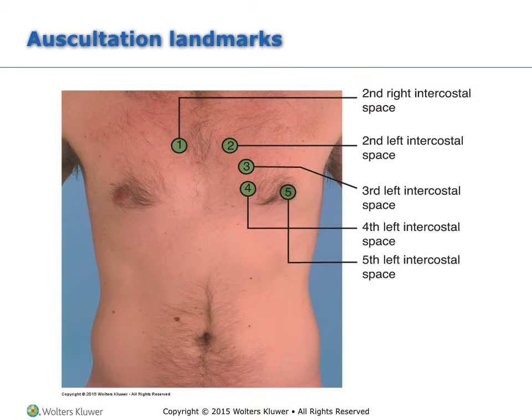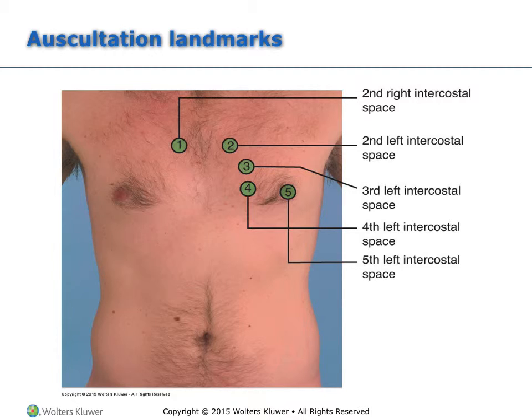Here are the auscultation landmarks that I mentioned a few minutes ago. You have the base of the heart, which is number 1 and 2, the right base and the left base of the heart. The space that is numbered number 1 is the best place for you to listen to the aortic valve closure.